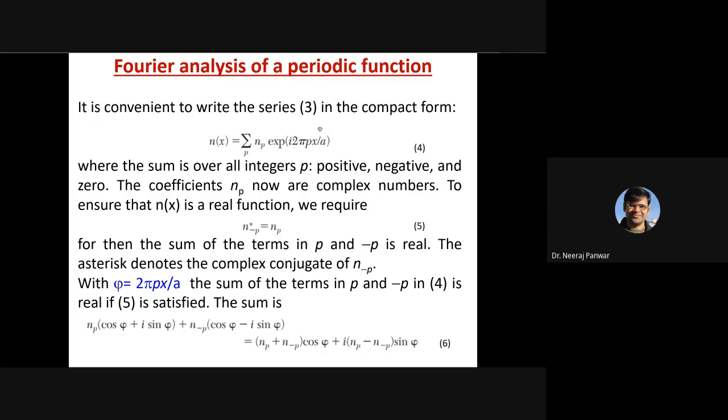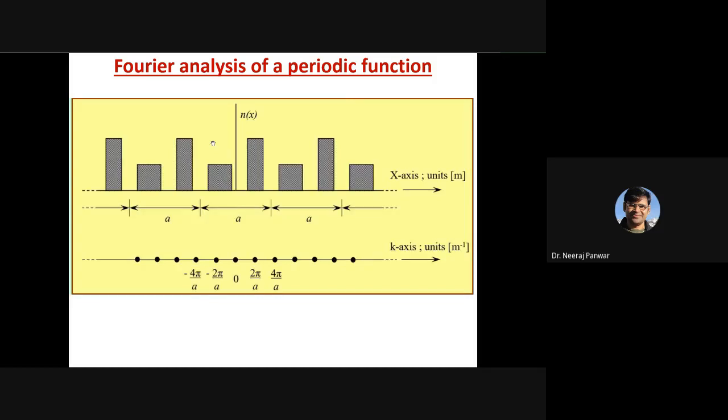So this is more convenient and simpler, because it has been expressed in terms of exponentials, and dealing with exponentials is simpler. So this is the more usable form in place of the earlier equation.